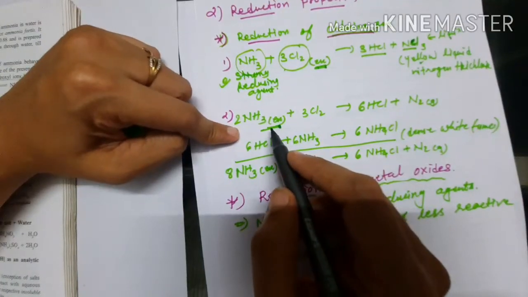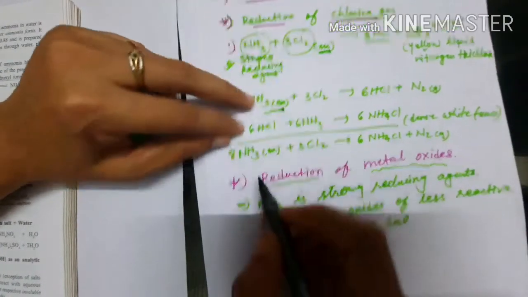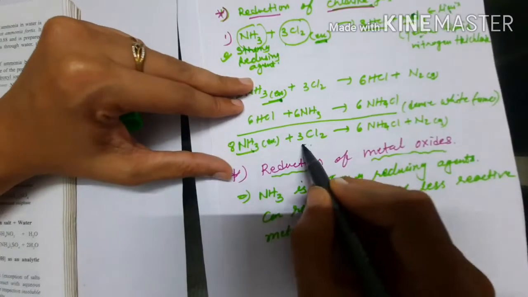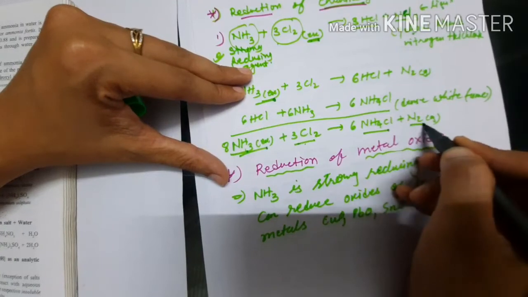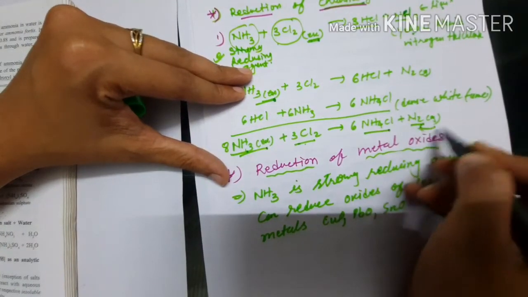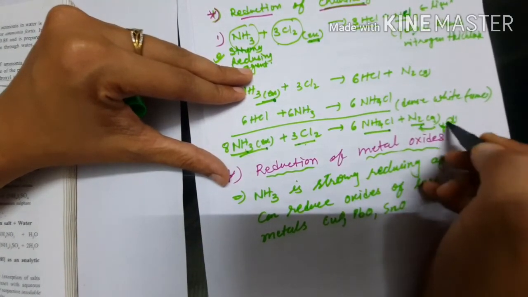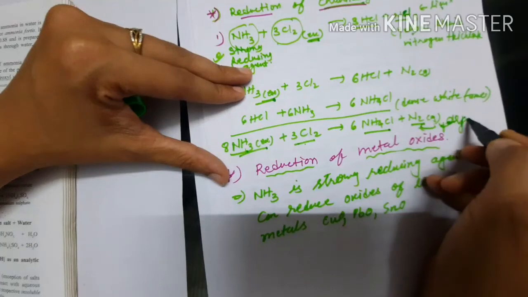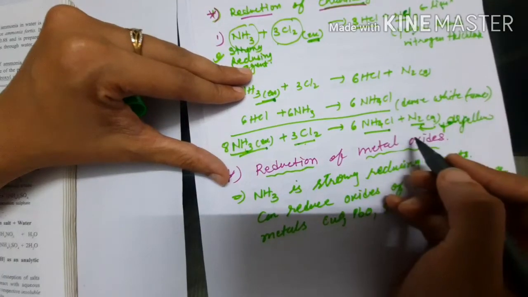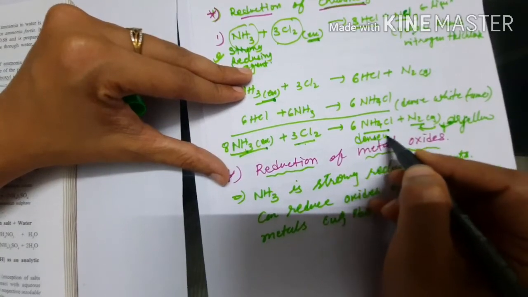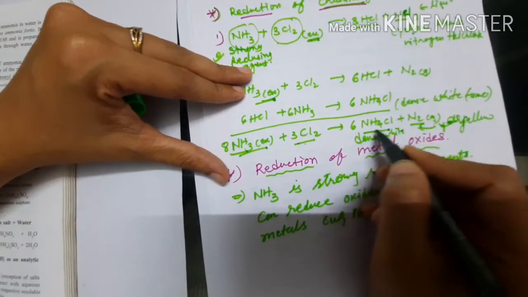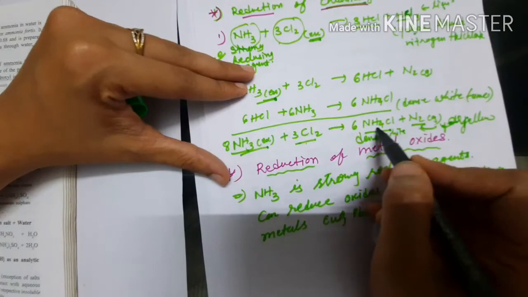This ammonia reacts with chlorine, and the excess ammonia converts into ammonium chloride and nitrogen gas. Nitrogen gas, yellow color, and dense white fumes of ammonium chloride will be generated in this reaction.